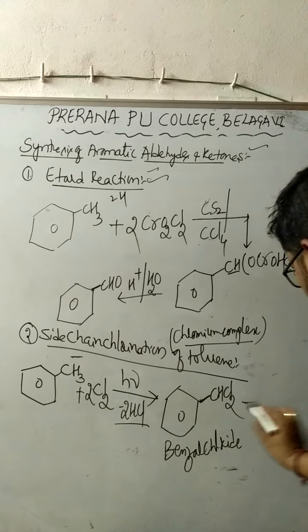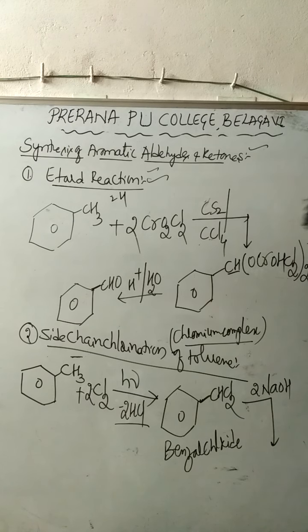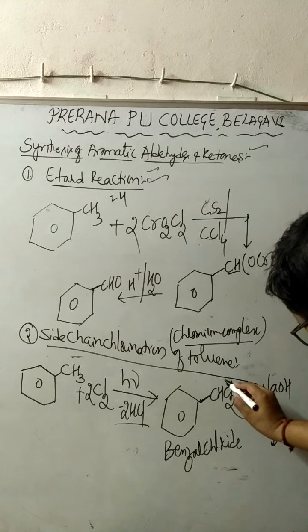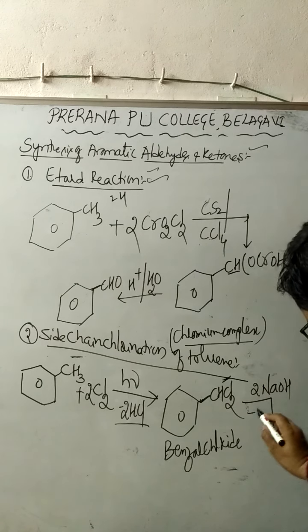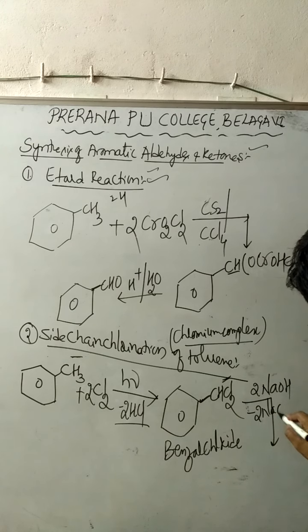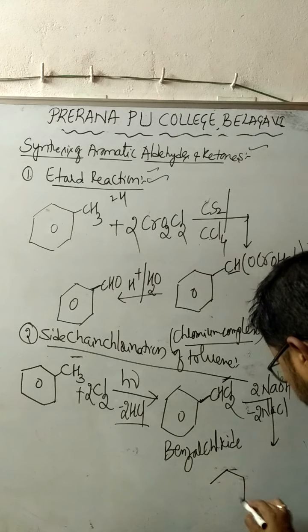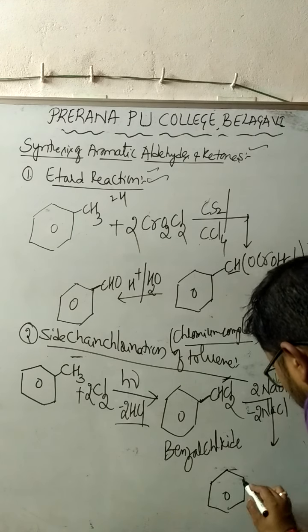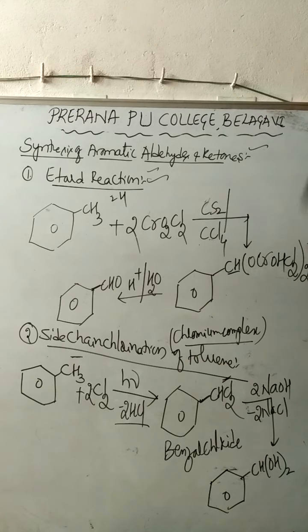When this particular benzal chloride is made to react with 2 moles of NaOH, chloro is a very good leaving group. So chloro gets attached with Na to eliminate it as 2 moles of NaCl. The OH replaces the place of Cl, so that I can write it as benzene ring with CH(OH) twice.